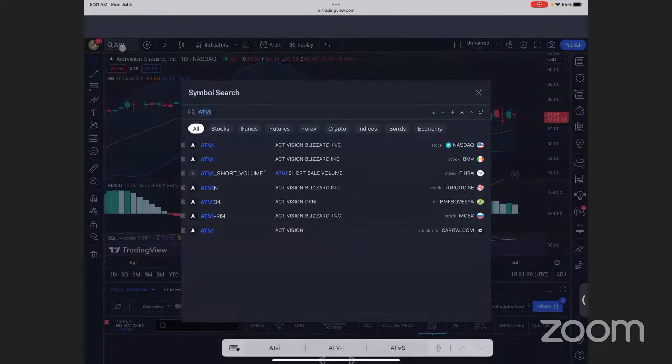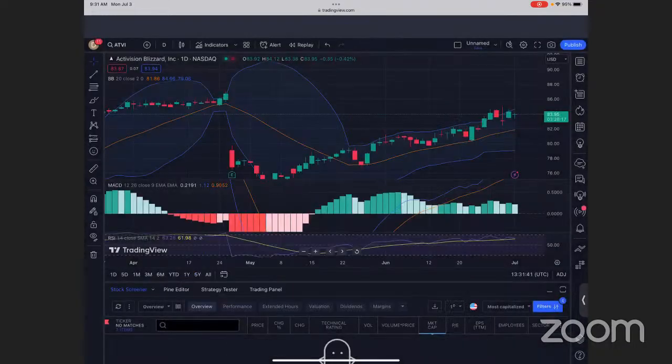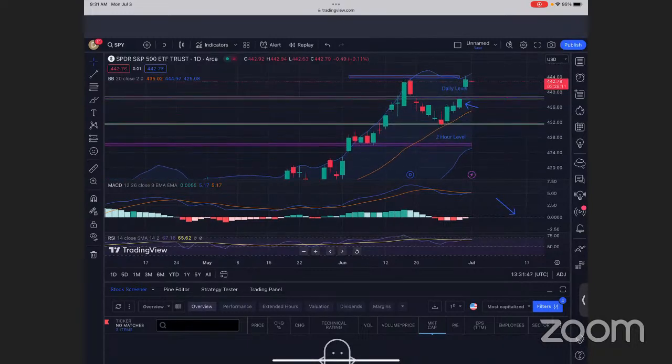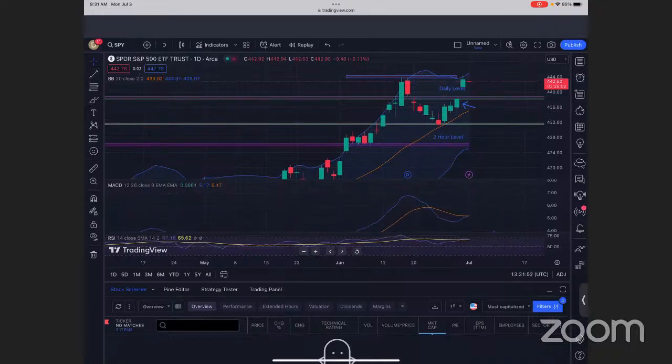Let's go back to the spot. Up into 11. But it's going to go. Sitting on this level right here. So it's going to chill for a second, and then it's going to go, I believe.